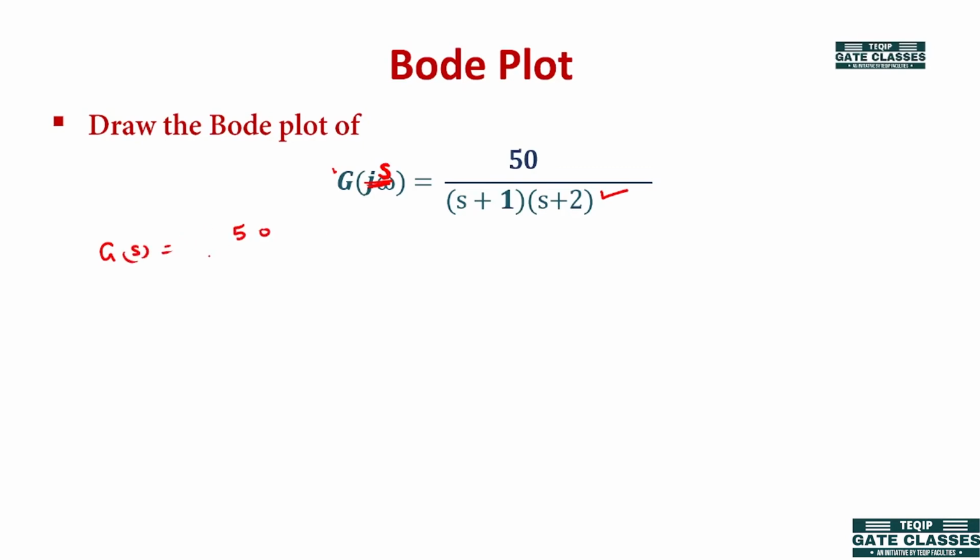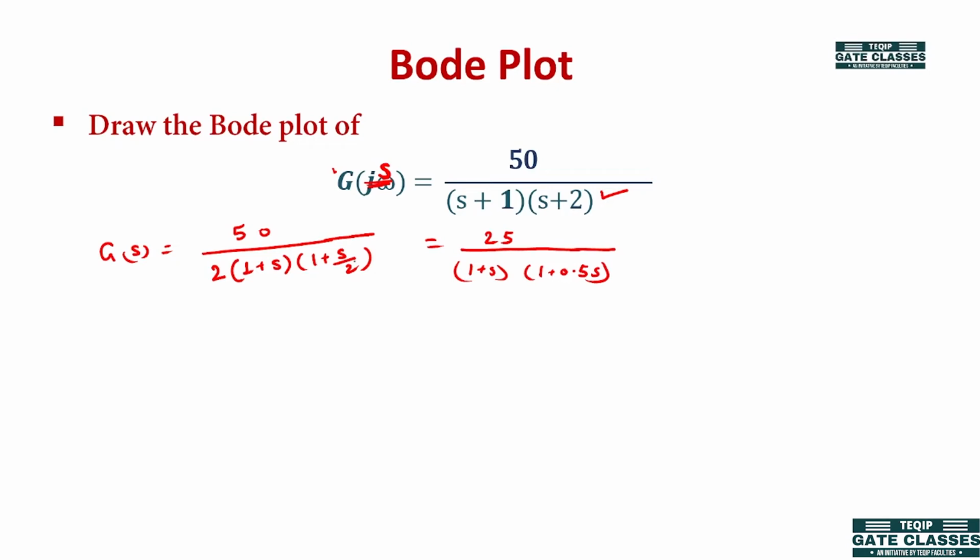For converting, we can take this as 1 plus s and this as 2 times 1 plus s by 2, or we can write it as 25 upon (1 plus s) (1 plus 0.5 s).